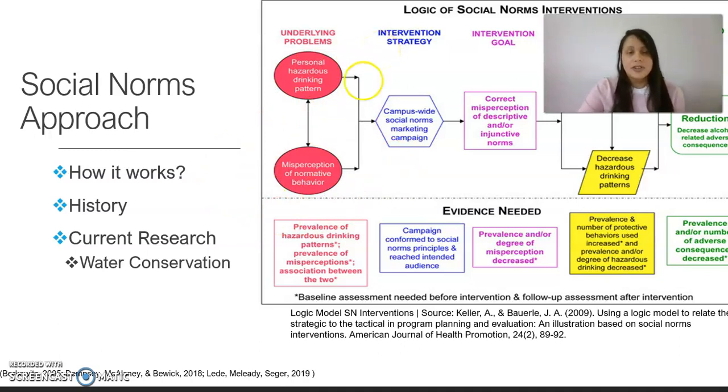This strategy resulted in a letter being sent out to residents which identified what their personal water usage was and then identified what their neighbor's water usage was. This actually helped to correct a misperception that individuals had regarding their neighbors' water usage, which actually increased water conservation and decreased individuals' own personal water usage.